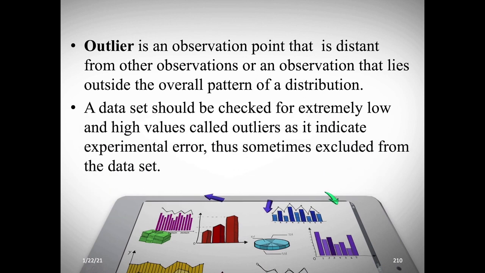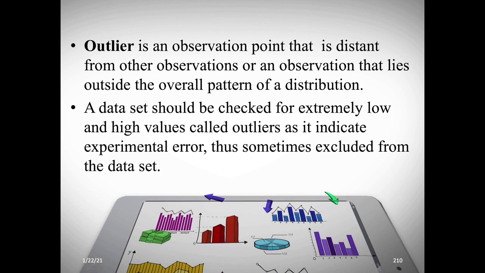Now, a data set should be checked for extremely low and high values called outliers. These may indicate experimental error, thus they are sometimes excluded from the dataset. One reason why we should study outliers is the data cleaning part: we should first know what the outliers of our dataset are, if there are any, and then exclude them from the dataset.